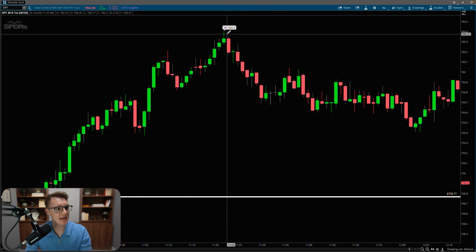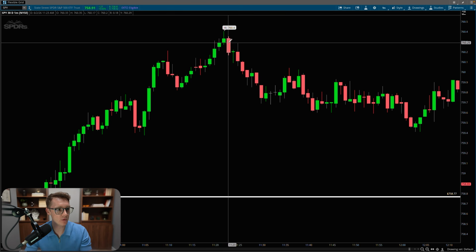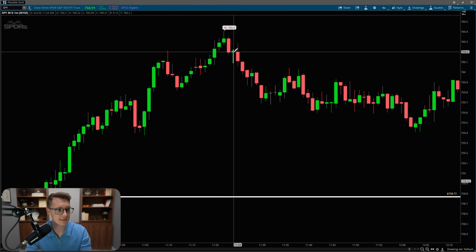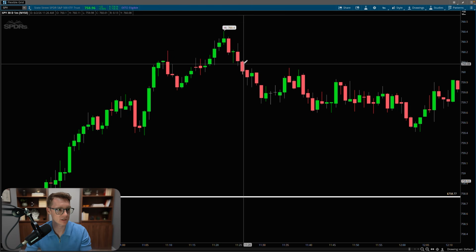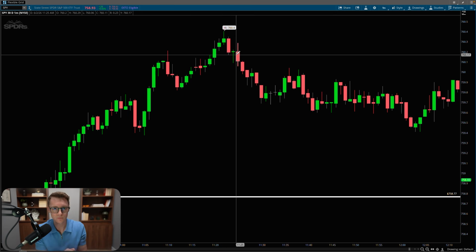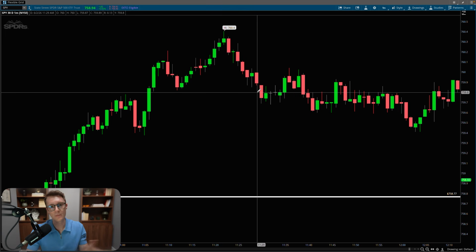Now when we came up to that 760.40 high of day on SPY, you can see how we started seeing some red candles. Okay, now we didn't have as many consecutive red candles as we just saw when we were looking at that temporary, very short-term bull trend, right? Because we have to understand that these are very short-term trends. But this was a shorter-term bear trend, or bearish trend.